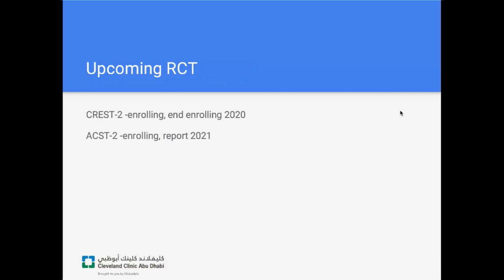The CREST-2 and ACST are currently enrolling, and will end enrollment next year for CREST-2 and ACST in 2021. And of course, this will continue to refine our approach to carotid disease.